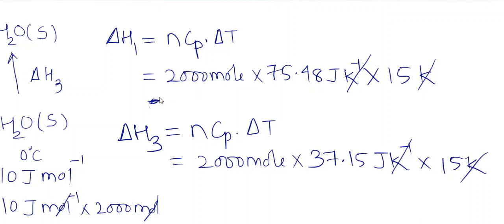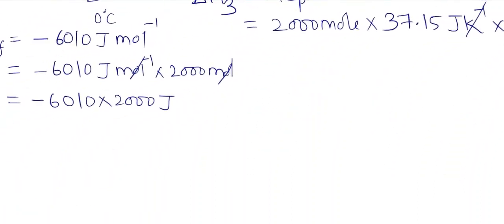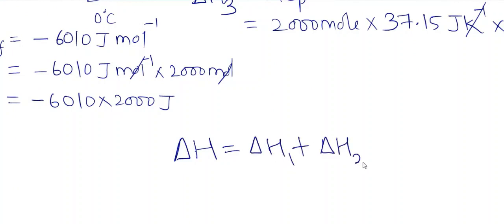When you put all the values of del H1, del H2 and del H3, the final del H, which is asked in the question, is del H1 plus del H2, or I can write del Hf, plus del H3.